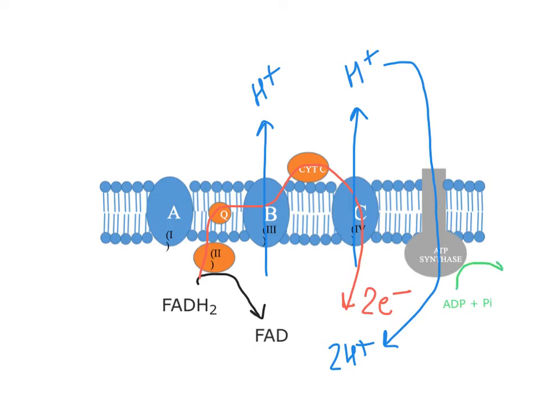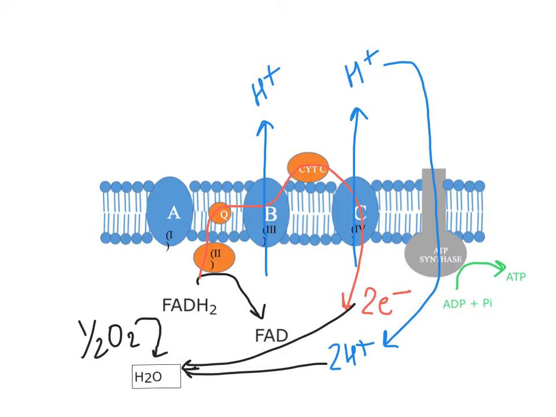At the same time the ATP has been synthesized, the electrons and the protons combine with oxygen to make our water molecule. And so you can see, hopefully, that the only real difference is that FAD comes in on the second carrier. It just has a slightly different redox potential to the NAD.